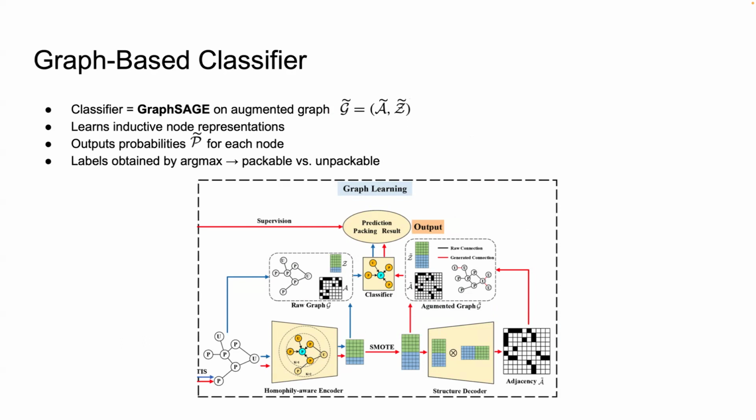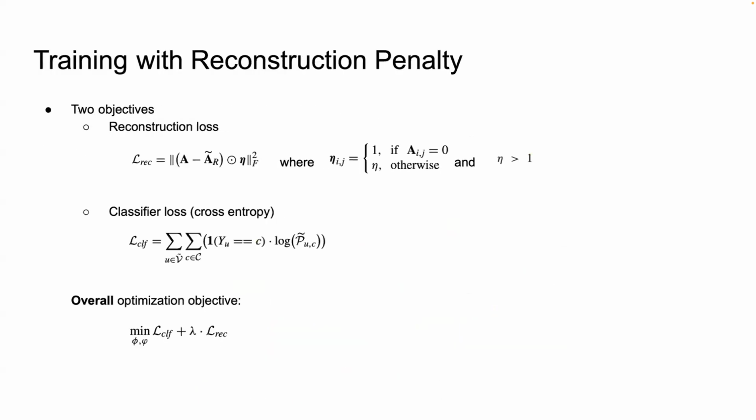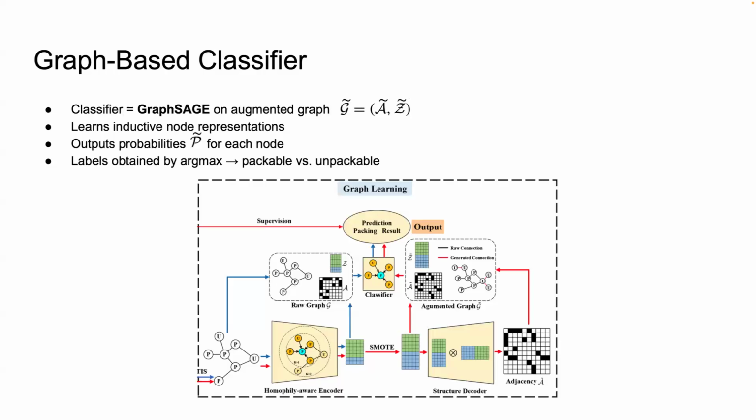This classifier gives the probability of each node being classified, and then using the argmax, we can give the classes of each instance. I may want to spend some time on that.